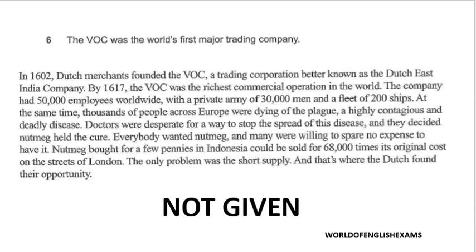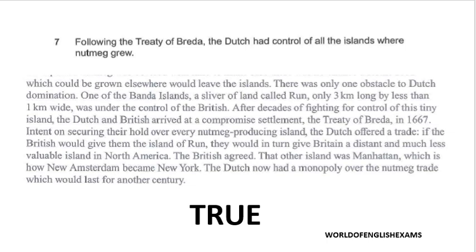Since the information is not given completely, the answer is not given because it's missing. The context does not mention anything related to the first major trading company. It does not say that it's a pioneer or it's established first or something like that. So let's proceed to the next statement.